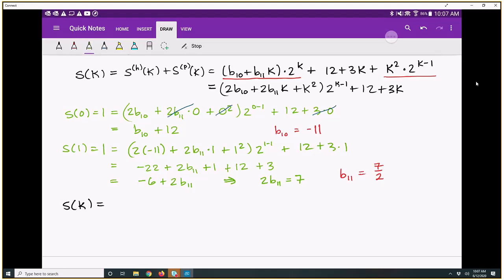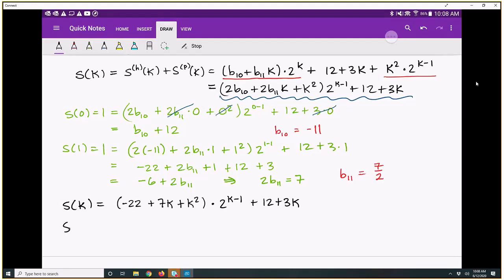Going back to where I was here, that's going to be 2 times b10, so 2 times negative 11, that's negative 22, plus 2 times b11 times k, well, 2 times b11 is 7, so that's plus 7k plus k squared, and that's times 2 to the power k minus 1 plus 12 plus 3k. So that is my final solution to the recurrence relation.